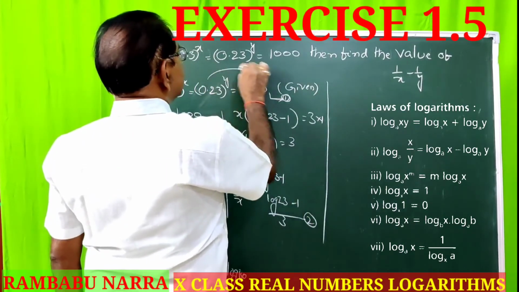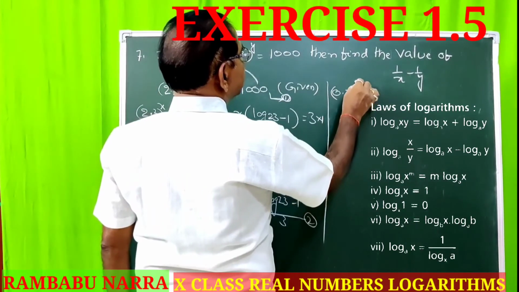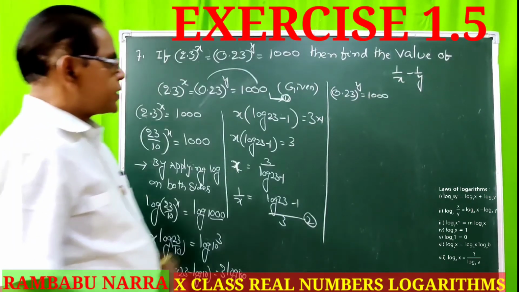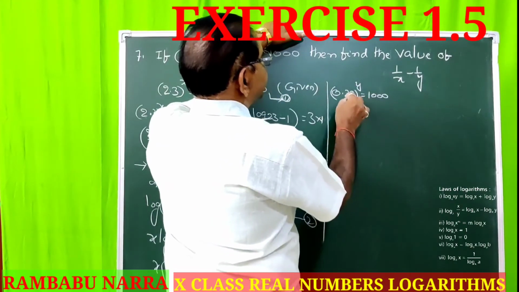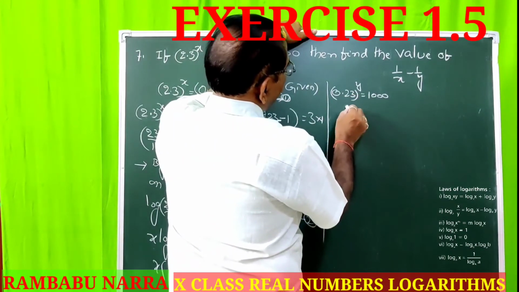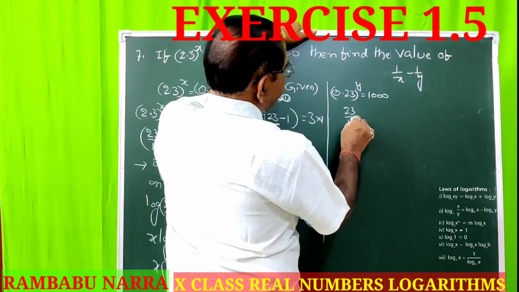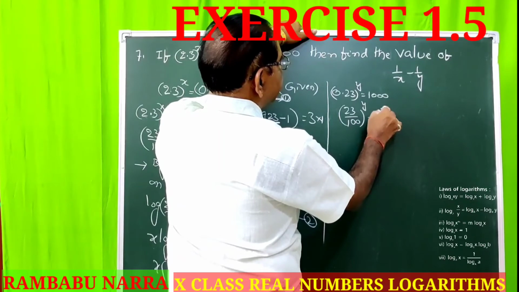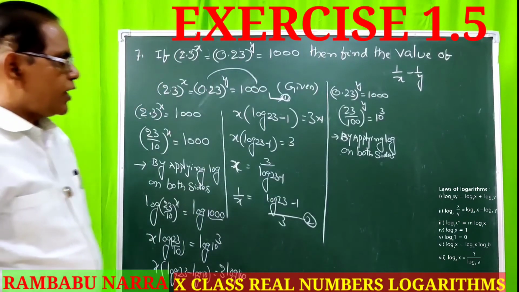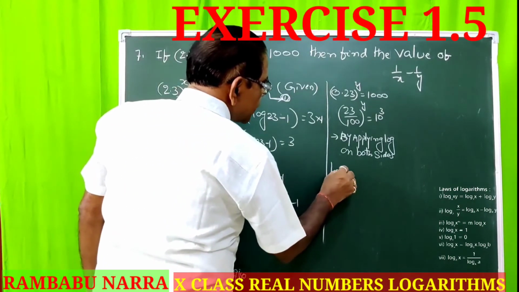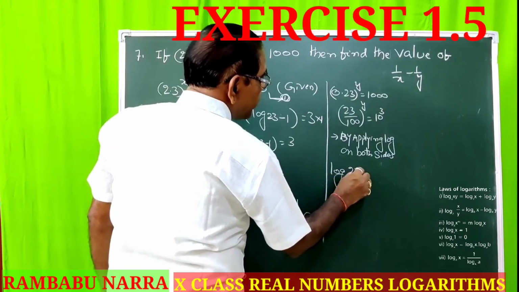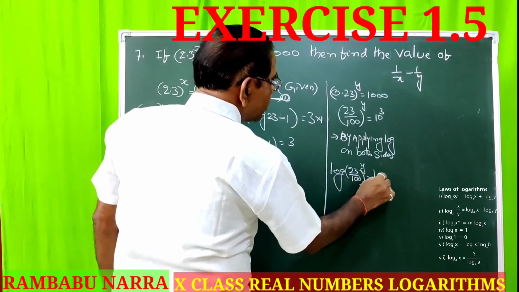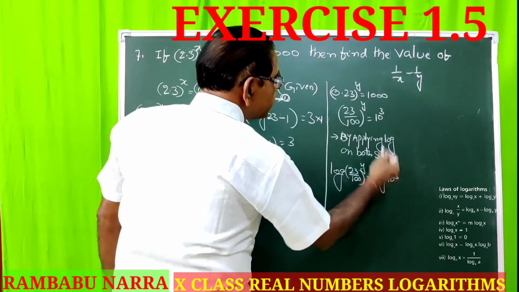Next we take the other one. 0.23 to the power of y equal to 1000. The decimal fraction 0.23 changes into p by q form: (23 by 100) whole to the power of y equal to 10 cube. Now applying log on both sides, log (23 by 100) whole to the power of y equal to log 10 cube.